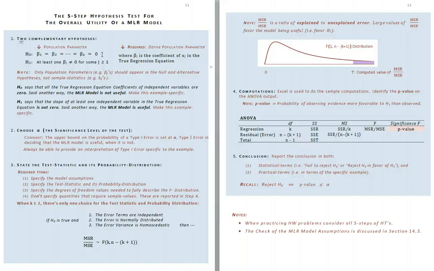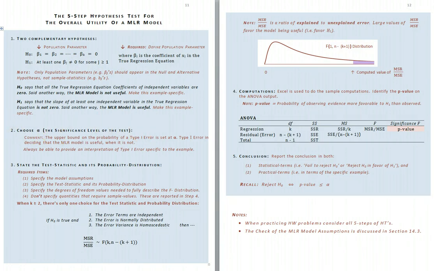That is, the model is not useful. The alternative hypothesis says at least one of the betas is different from 0. Thus, if x data is entered, there will be some change in y, and the model is useful.